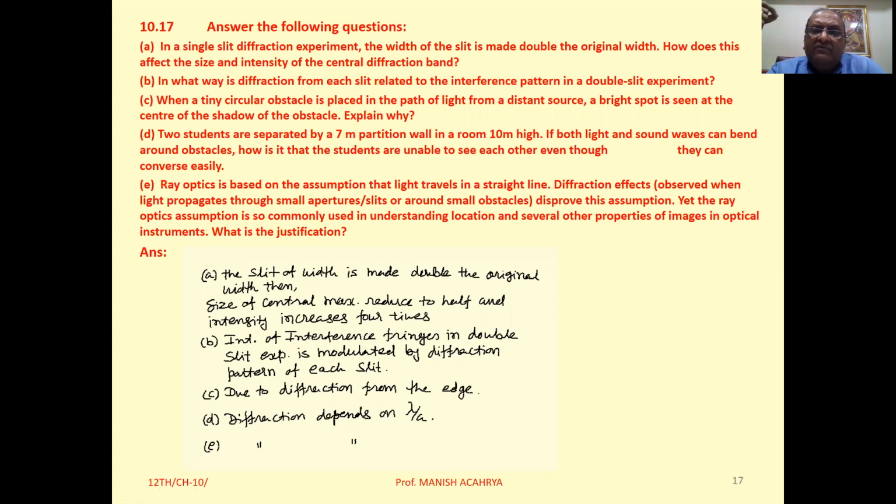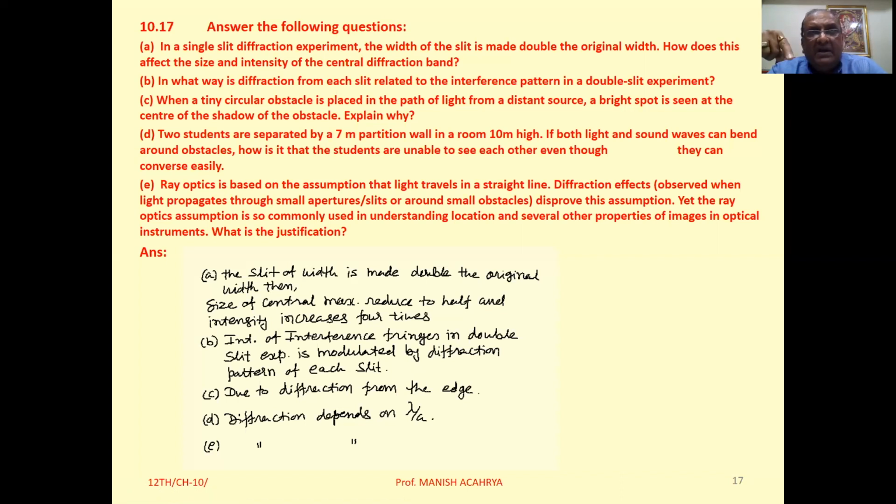Here for sound waves, lambda is large compared to a, the opening of the obstacle. Clear? So if this factor lambda by a is large, diffraction will be more, so one can hear the sound.